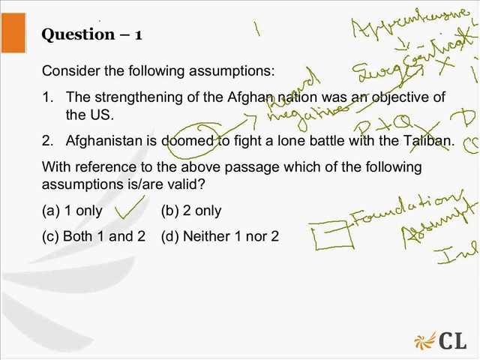Please listen to me very carefully. If 80% of the voters are saying that we will not vote for the Congress party, then what is happening? The inference I can draw is that 80% votes will not go to the Congress party. So kuch nahi hai, it's like a conclusion only.